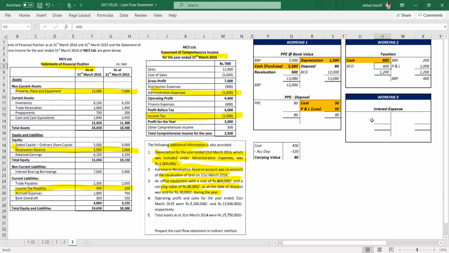Let's also do the income interest expense. Opening balance, closing balance, profit and loss, and the cash. There is no opening or closing balance in the statement of financial position.